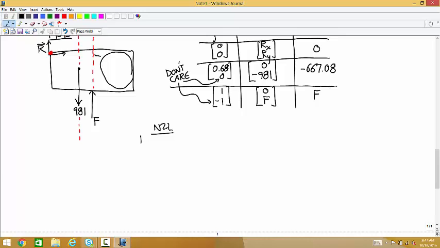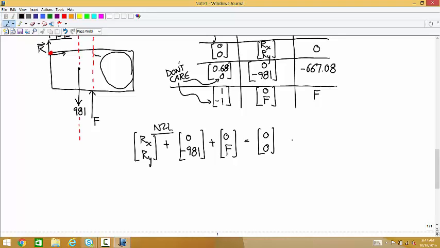So now Newton's second law says Rx, Ry plus 0, negative 981 plus 0, F is equal to zeros. Can't solve that yet. And then the moment equation says negative 667.08 plus F is equal to 0.